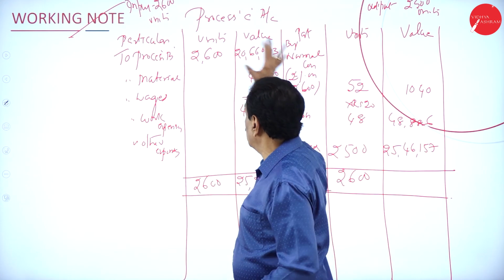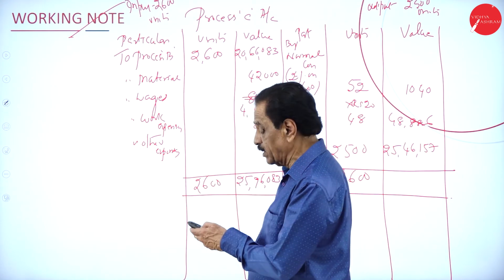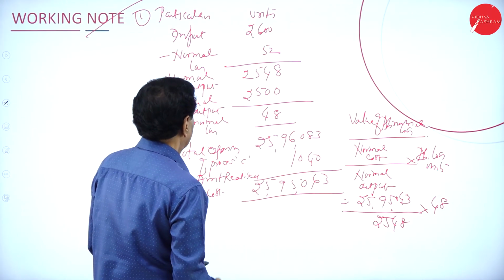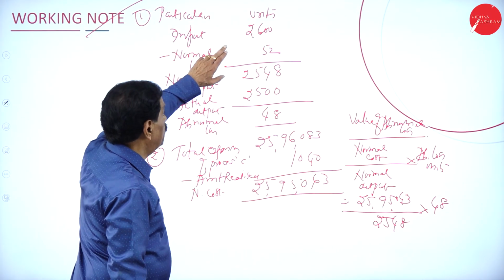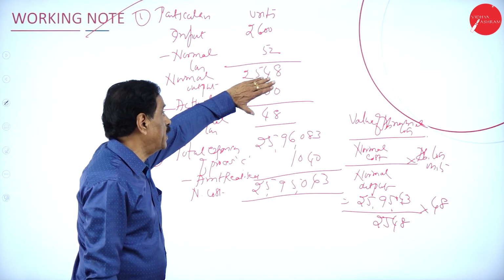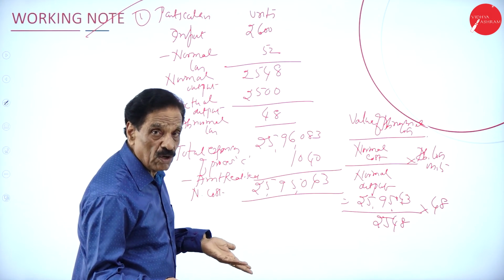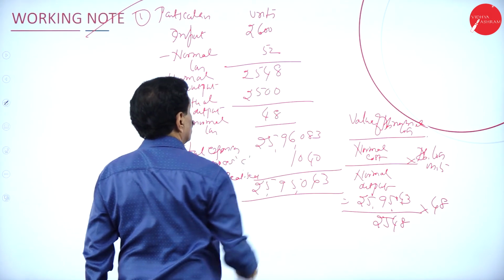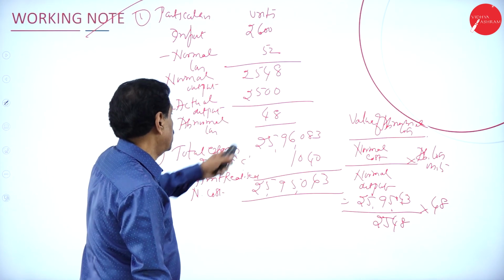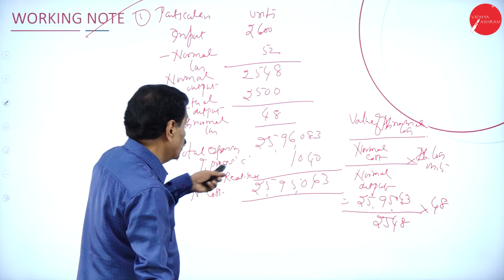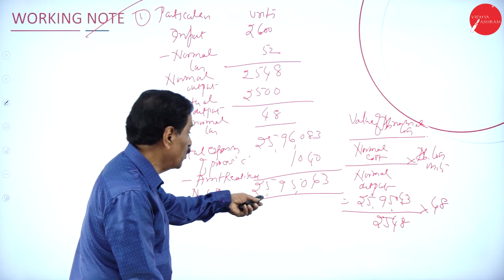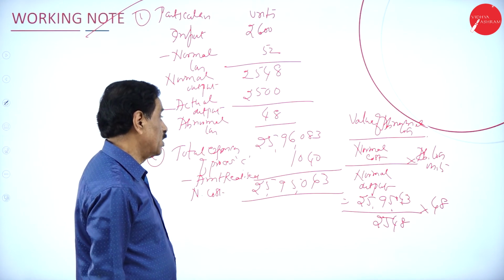So this working note is quite essential. Input minus normal loss 52 is the actual output we require, but taken out is only 2,500. You require 2,548, but it is only 2,500. How much abnormal loss? 48. Your total expense is this one. This amount realized is 1,040. You have got 25 lakh 95,043.